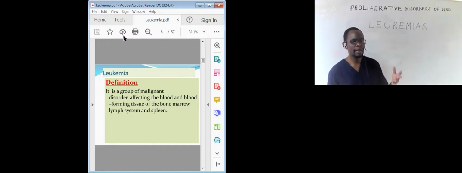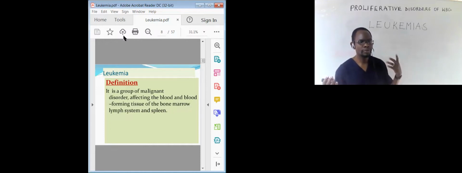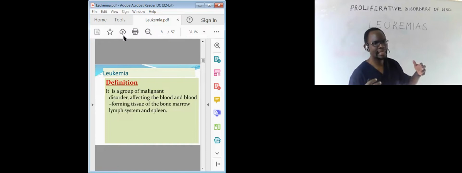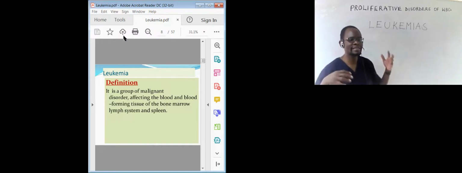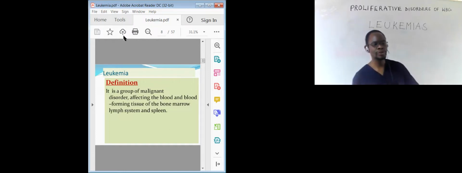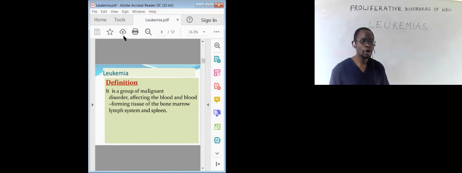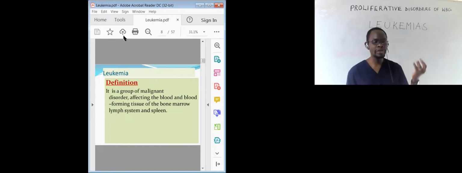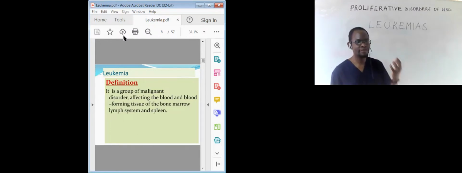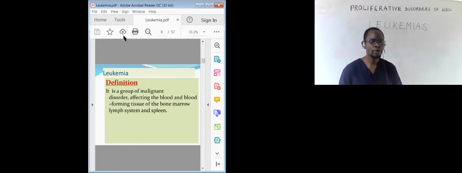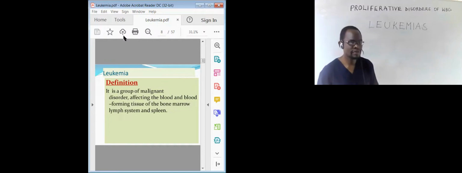Leukemias can start within the bone marrow and then spill into the blood, or they can start from the lymphatic system or lymphoid tissue. That is very important to know.